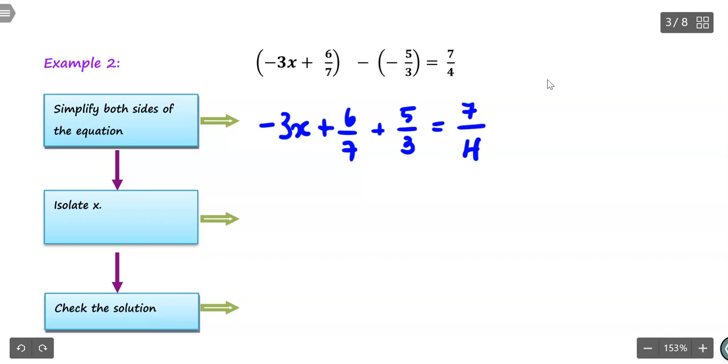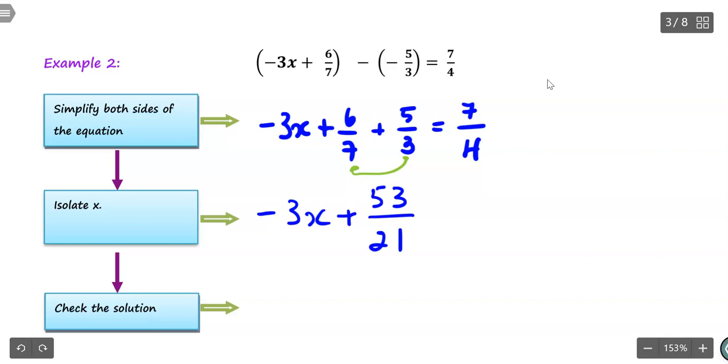So there are a few ways of solving this type of fractional equation. Honestly, the one I show you here should be the simplest way. So then I will have negative 3x. Adding these two, if you use a calculator, it will be equal to 53 over 21.